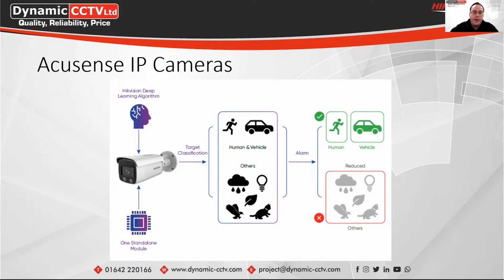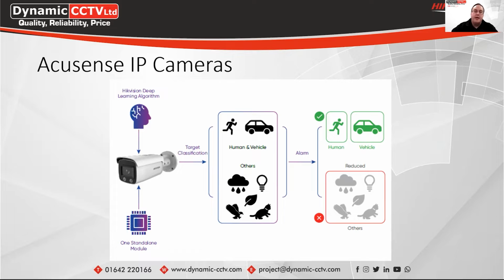With the new AccuSense technology, the camera is actively filtering those events out, so you can set it to only trigger on human and or vehicle, and this will work up to 70 to 80% accuracy at filtering out those false alarms. So it's more reliable that when you get the event through or the recording triggered, your target choice is what's triggering the camera on site.